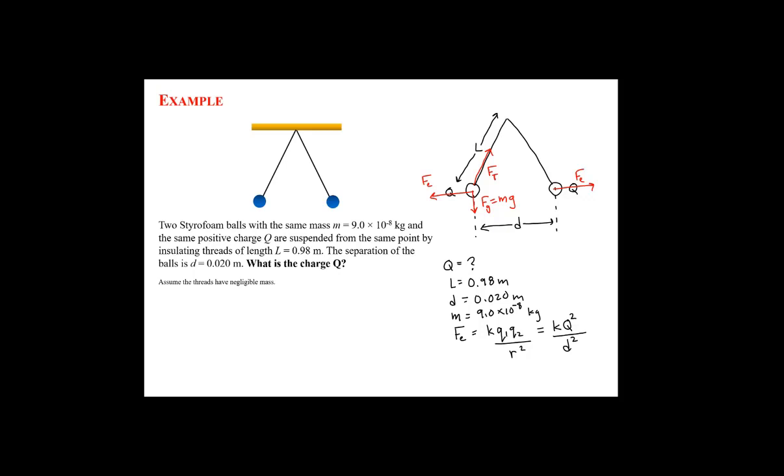Now that I've identified all of the forces acting on our sphere, at least on the sphere on the left, I'm going to transfer that to a free body diagram. So remember, a free body diagram is a diagram that illustrates the forces acting on a single object or a single system. So this is going to be representative of the left sphere.